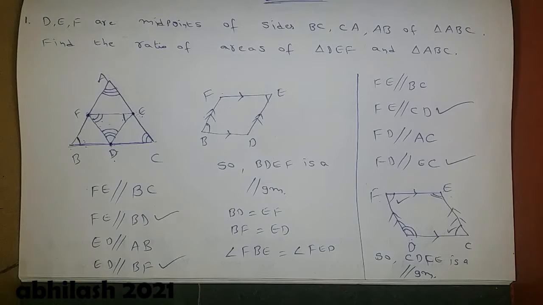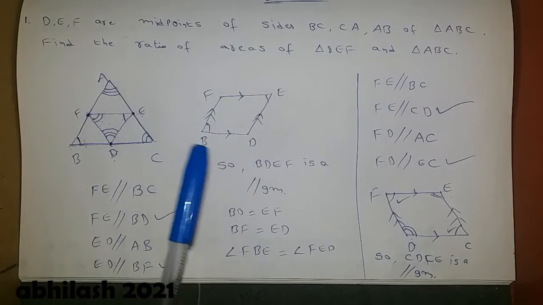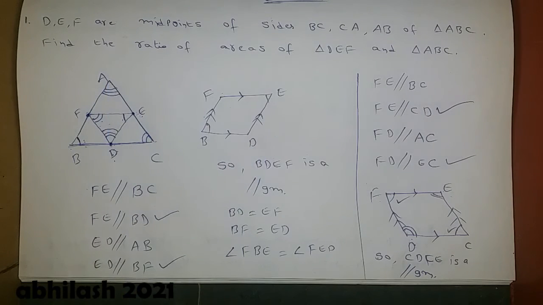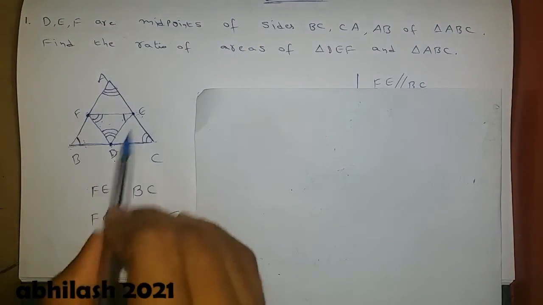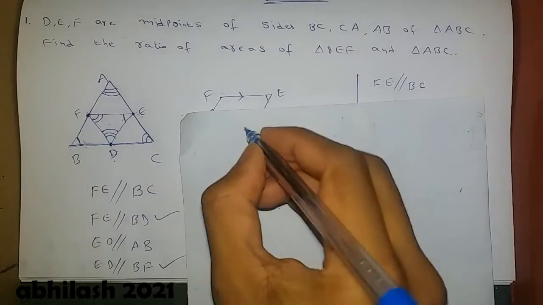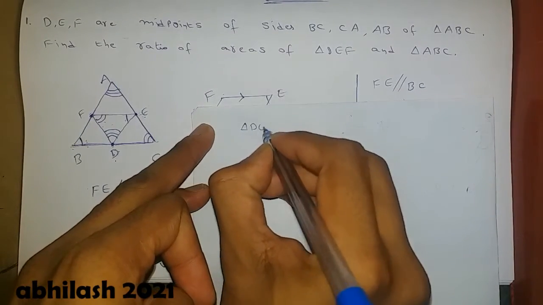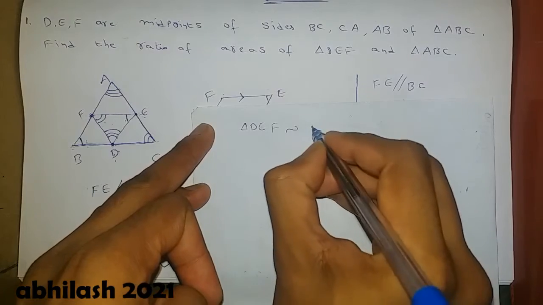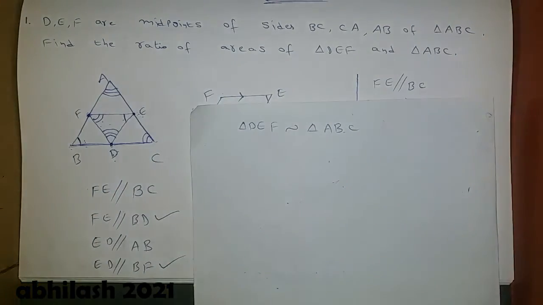It means, according to AAA criteria, this smaller triangle DEF is similar to the bigger triangle ABC. So we got triangle DEF similar to triangle ABC.